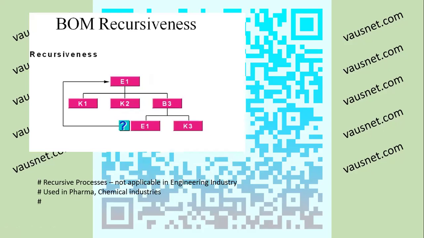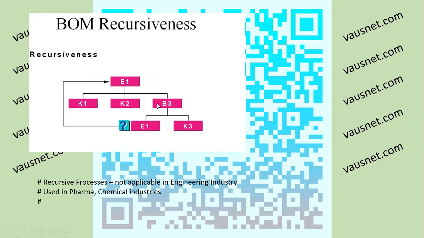Now, this is basically used in pharma and chemical industries, where a chemical component is produced from 3 various other chemical formulas, but one of those formulas is using the main part of that. This happens in pharma, this happens in dairy products, when you create yogurt from milk using a little bit of yogurt from the previous production. So that is one way of putting it.